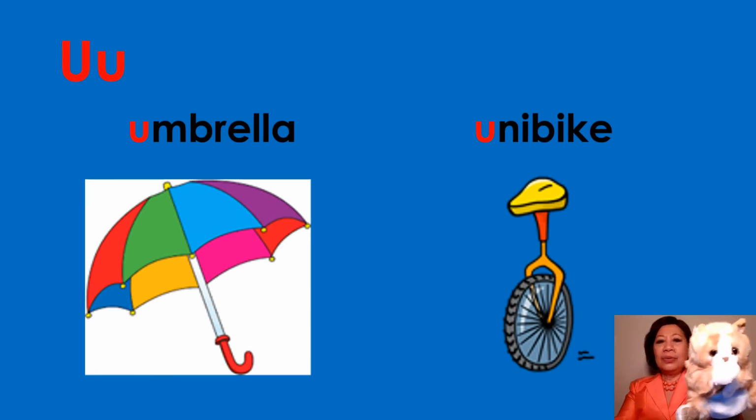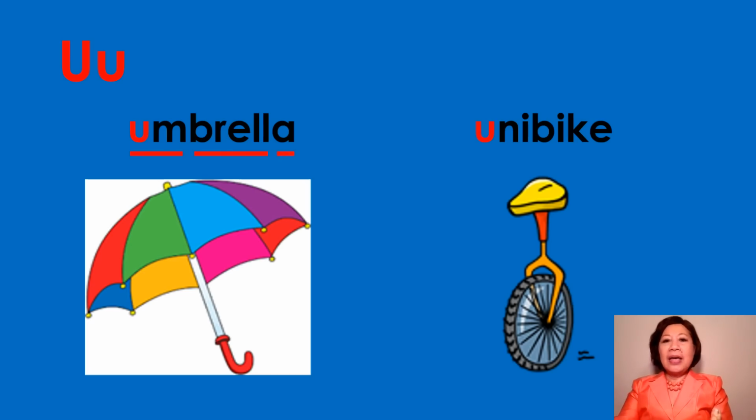U. U says U as in umbrella. I use my umbrella to protect me from the sun or rain. U. U says U as in unibike. A unibike has one wheel.